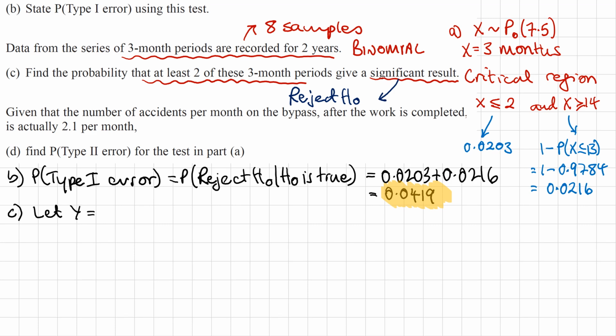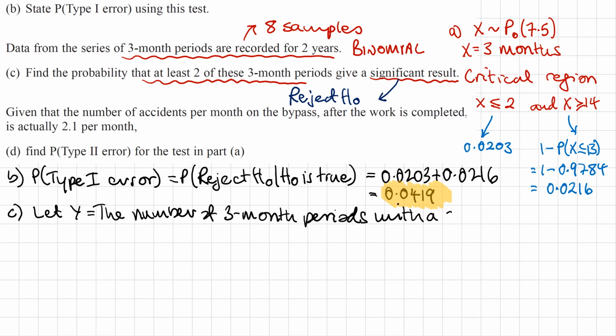I'm going to say let y equal the number of, so it's always the number of something, the number of 3-month periods with a significant result. Now this random variable that I've called y is a binomial distribution.